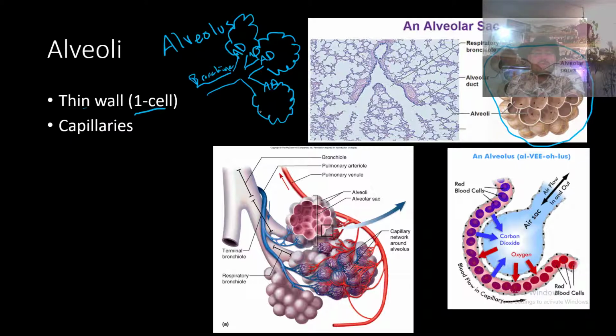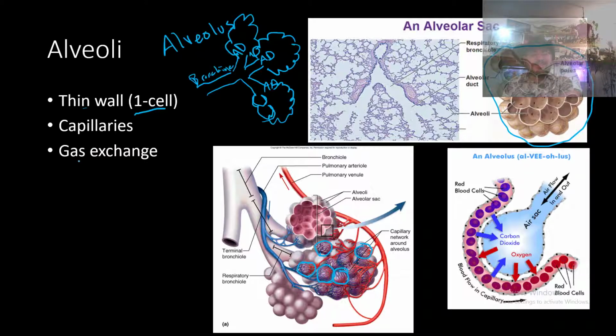Every single little grape-like sac in an alveolus has a capillary cluster around it, right? So here's my little sacs here. This is a really nice image because it has the capillary beds attached to it. So you can see every single one is associated with a capillary bed.